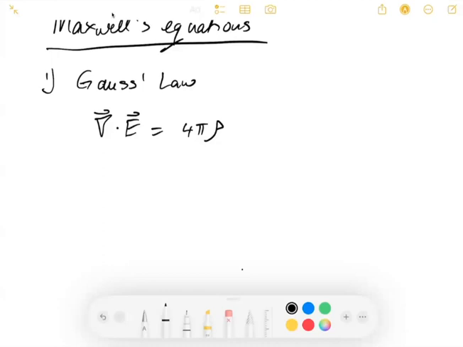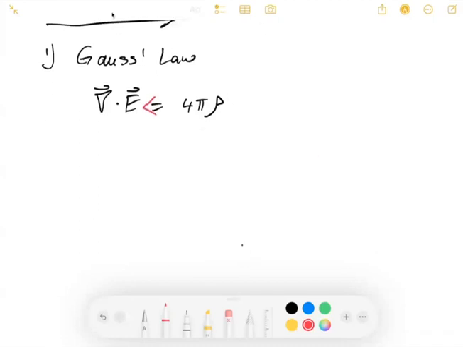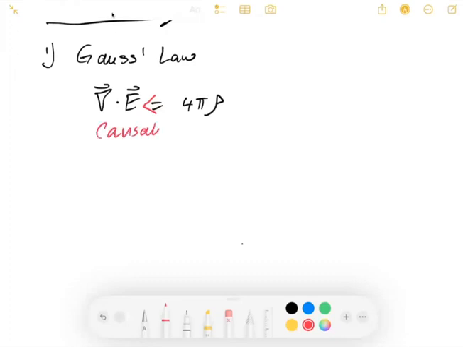I want to make something really, really clear here. So the causality goes this way. What do I mean by that? I mean, this rho creates this electric field. The reason I bring this up is that it is not the only equation that has both a rho and an E in it, but it is the only one that describes how a rho causes an E field.